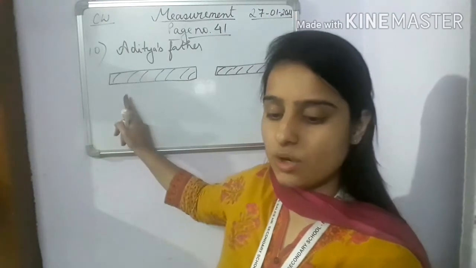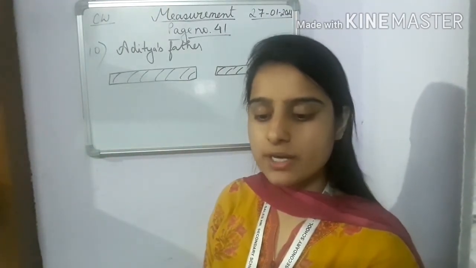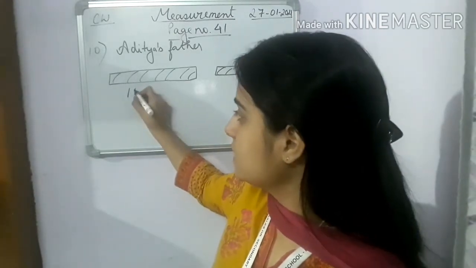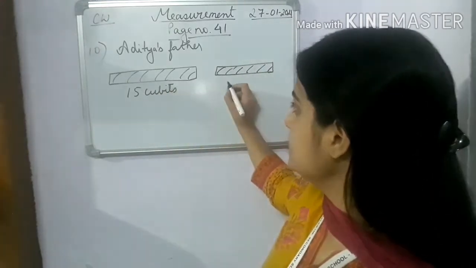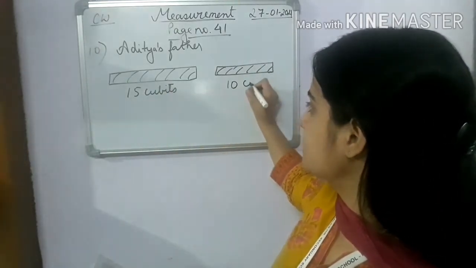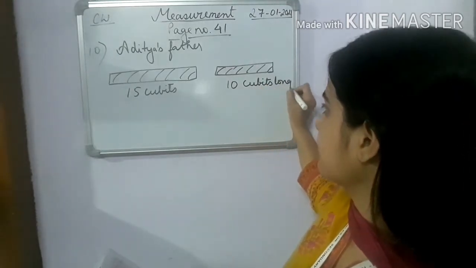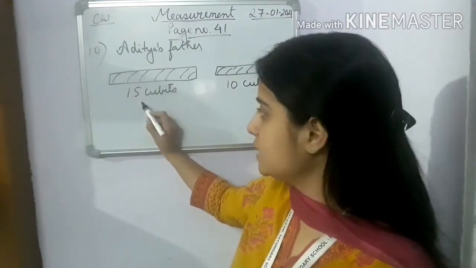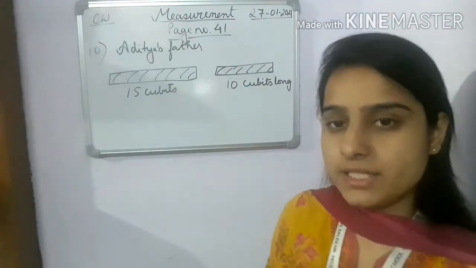What is the length of the first rope? One is 15 cubits long and the other is 10 cubits long. The length of the first rope is 15 cubits and the length of the second rope is 10 cubits.